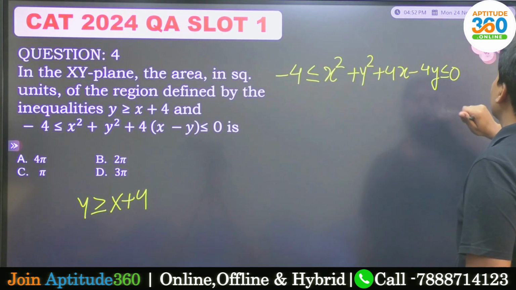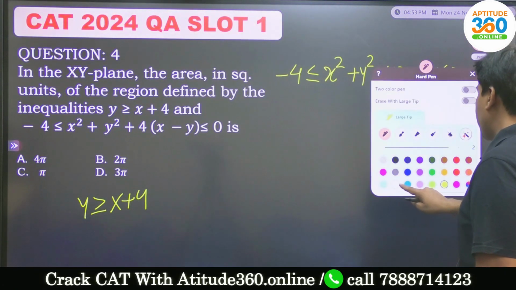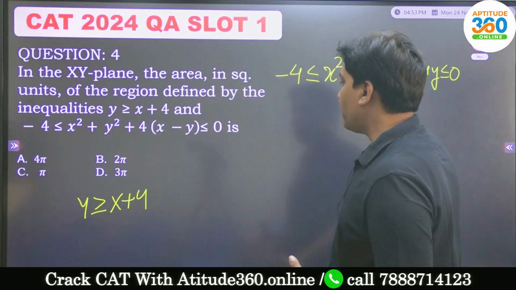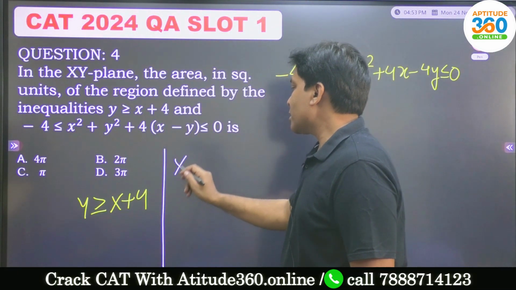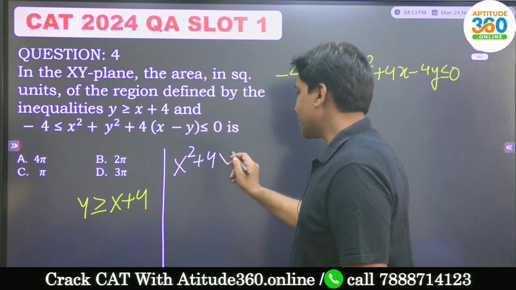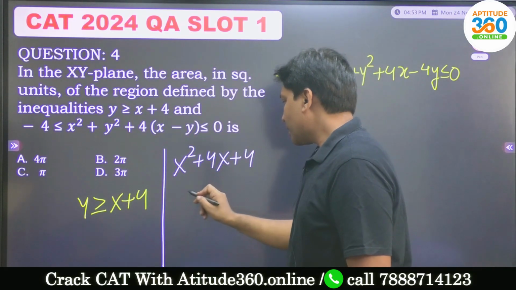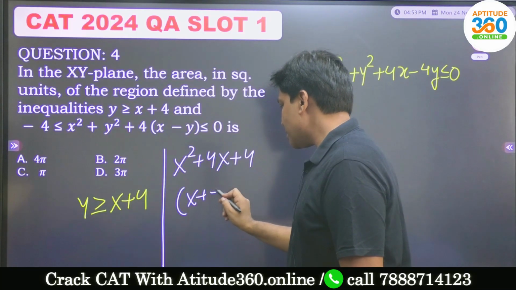So this is what we have. We will have to make something meaningful out of it. If you look at this, you've got x square plus 4x, right? Had you had 4, then this could have been x plus 2 whole square.